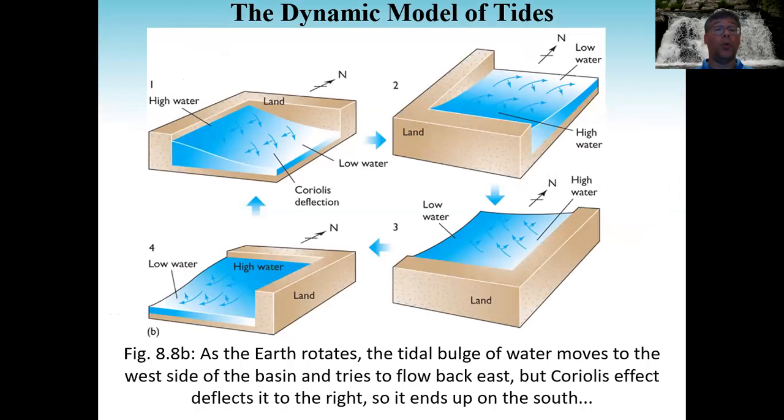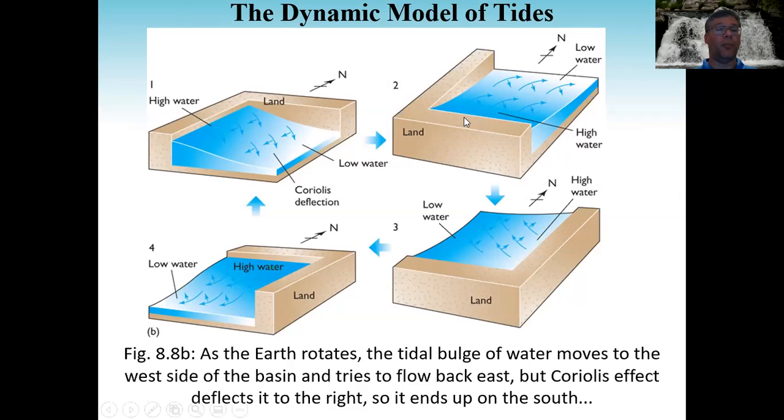But while that water is trying to drain back to the east from being up against the west side, the Earth is spinning, taking into account the Coriolis effect. It's going to instead, here in the northern hemisphere, end up going off to the right. So instead of heading east, it ends up against the south side of our ocean.